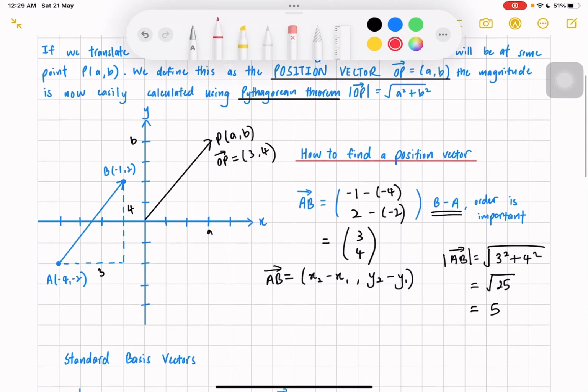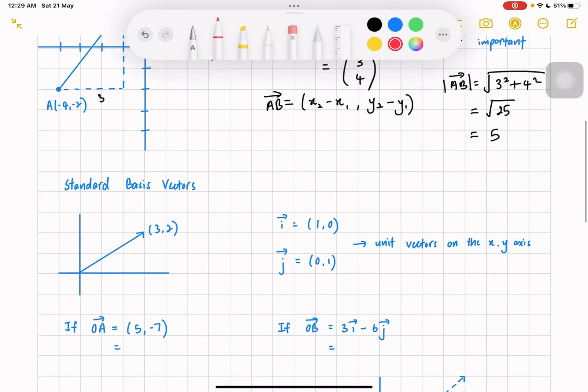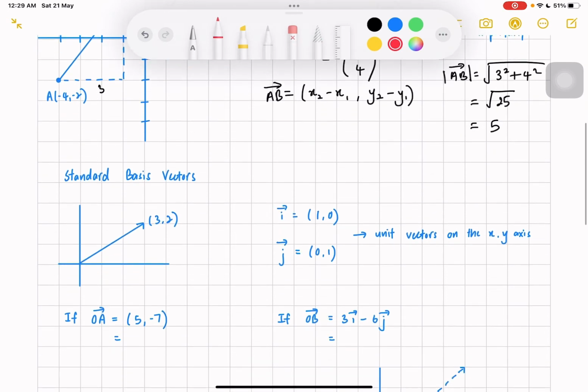Now the next thing that we're going to learn is the standard basis vectors. This is actually very simple because we're just talking about the unit vectors which have a magnitude of 1. So vector i is over here on the x-axis because it has an x coordinate of 1 and a y coordinate of 0. So this will be vector i, and vector j is the same. It will be on the y-axis with just 1 unit in length.